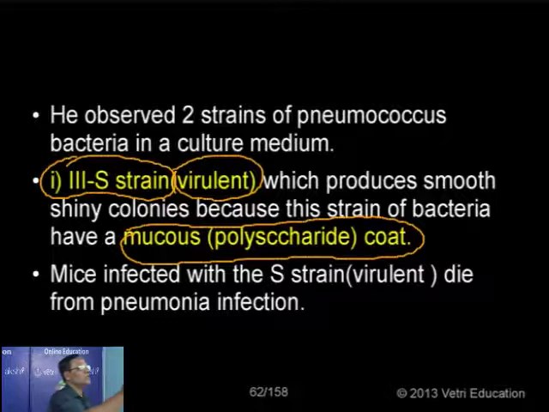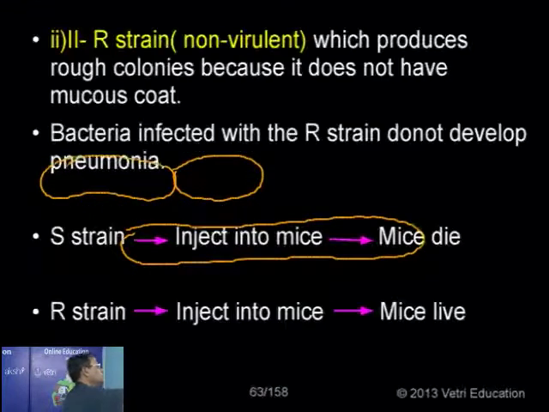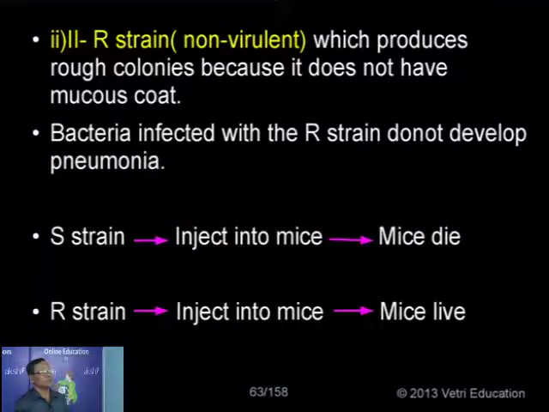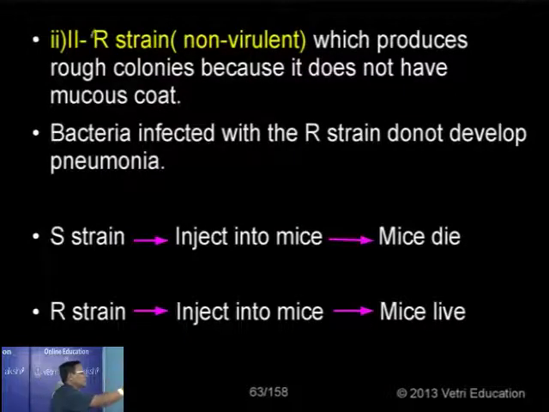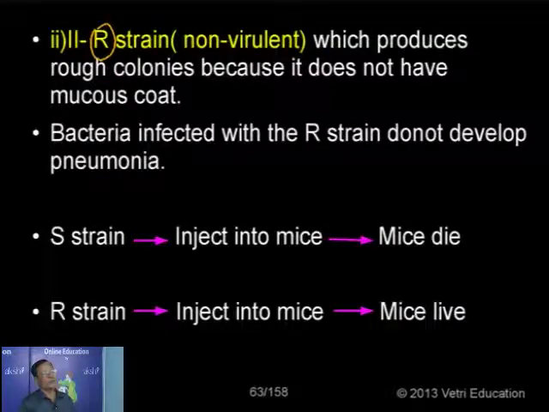Another strain is the R strain. The previous one was the S strain. R stands for rough colony. The outer mucous coat, which gives the slimy, smooth nature to the bacterium, is absent. That is why it's called the rough strain. When all these bacteria accumulate together, they produce a rough colony.